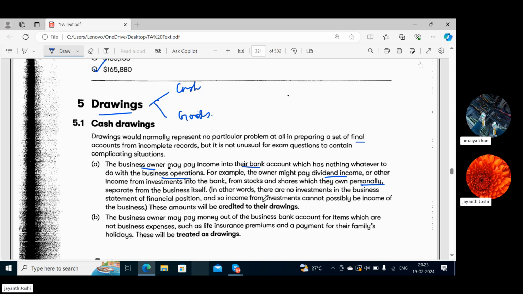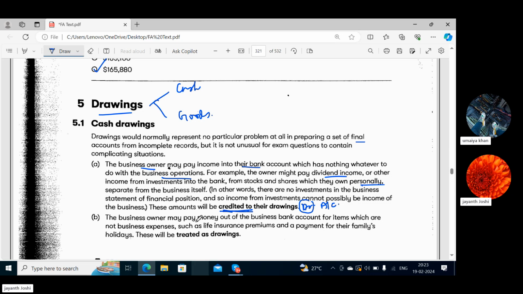So this particular thing will be credited to drawings. Remember, drawing is a debit account. But when we are putting our personal wealth into business, that will be credited to drawings.